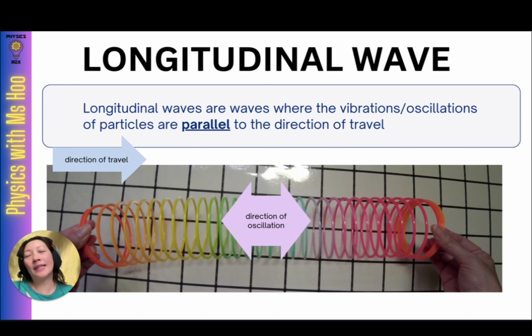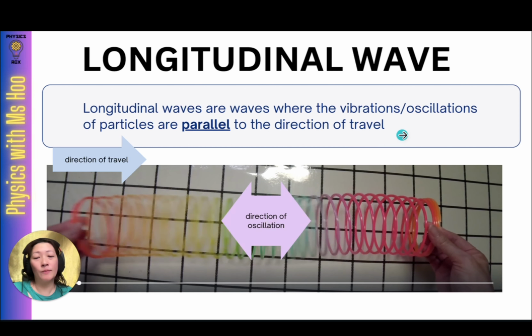You cannot say that the longitudinal waves are waves where the vibrations or oscillations of particles are the same as the direction of travel. You cannot say that. The reason is because it's not the same. The direction of travel is from left to right. If you say same, what you're saying is that the vibrations or oscillations are from left to right.